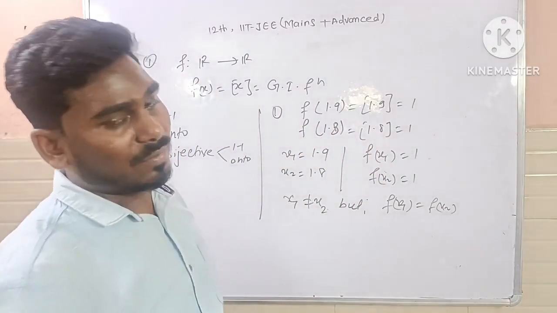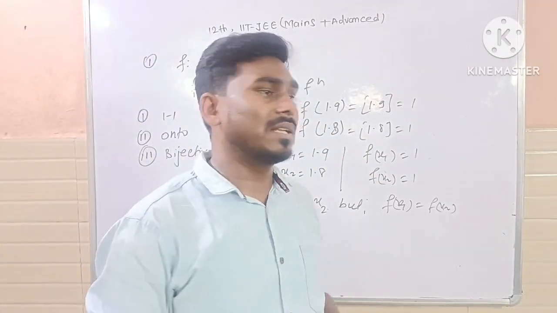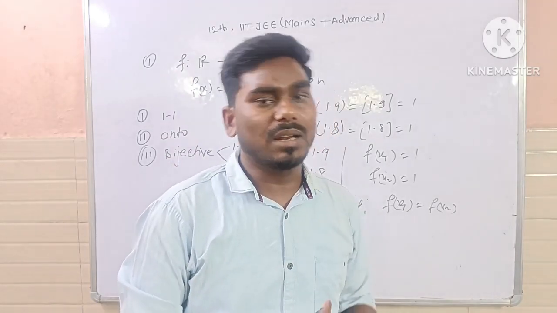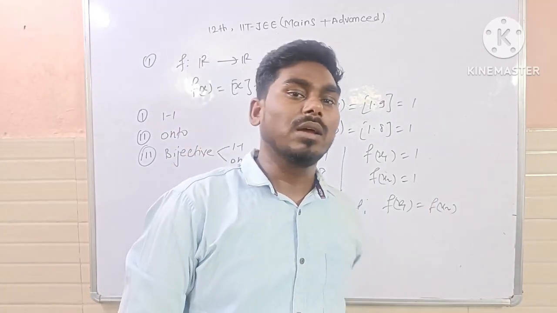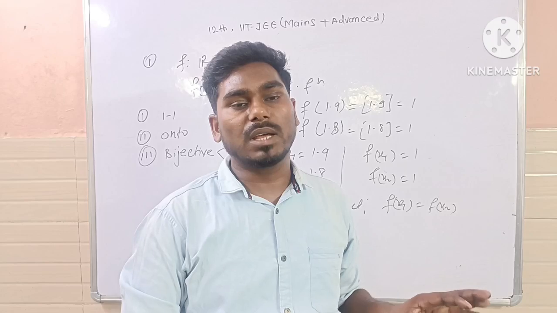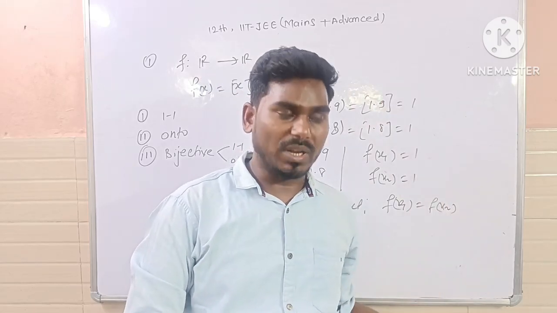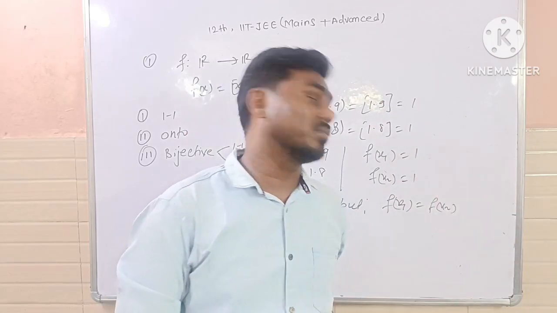But what does the definition of one-one function say? If the images are similar, then the elements in the domain must be similar. If the elements in the domain are different, then the images must be different.